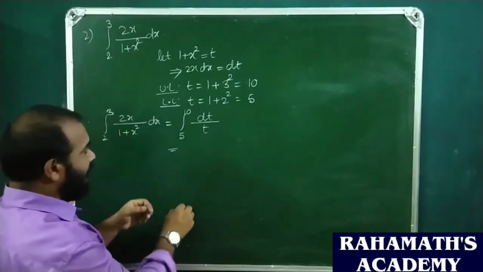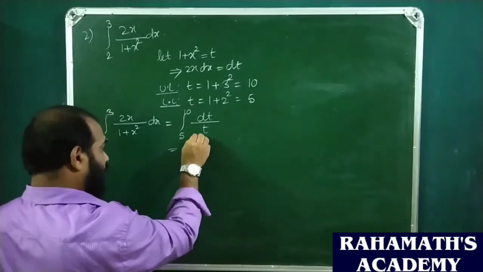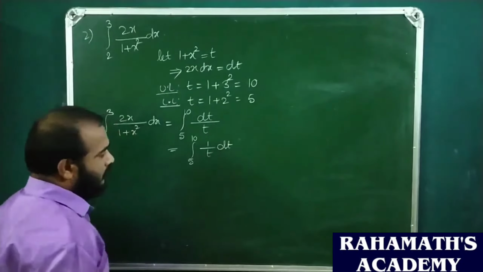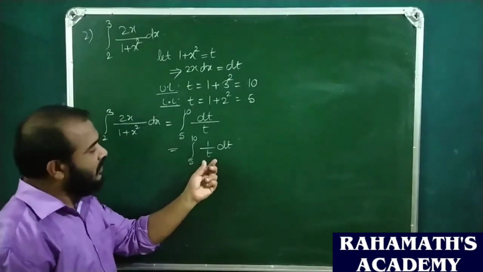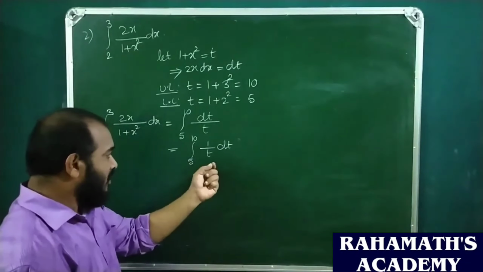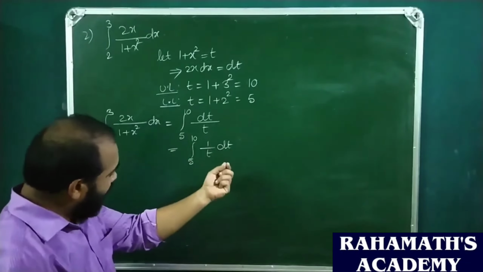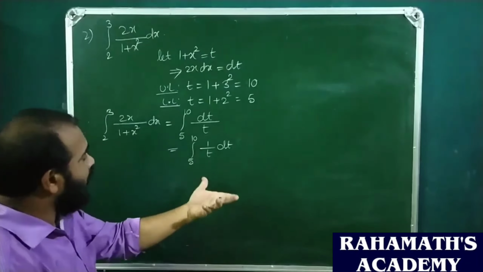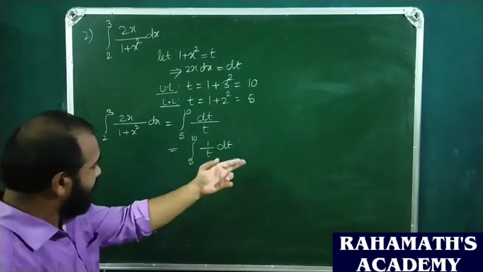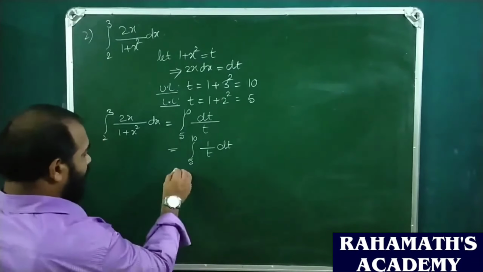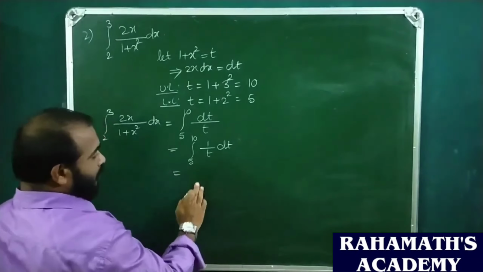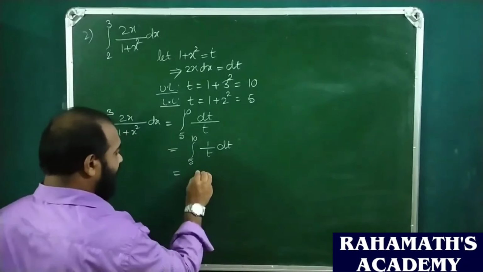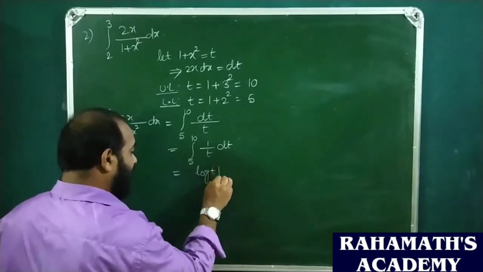So this is of the form integral 5 to 10 of 1 by t dt. This t is a dummy variable, because a definite integral has nothing to do with the variable. There is no difference if it is integral 1 by x dx. So the integral is log mod t.